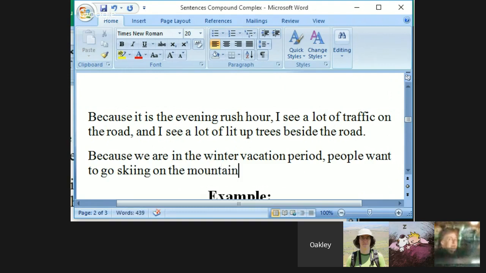What was your connective? People want to go skiing on the mountain, or stay home, and relax.